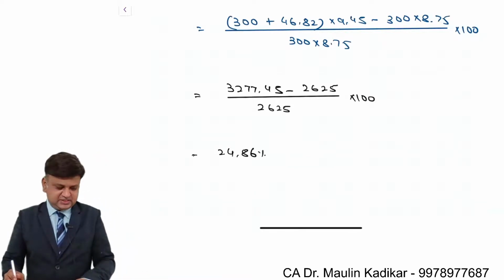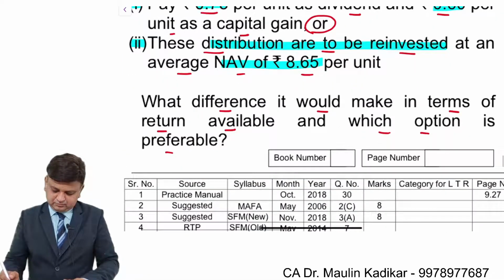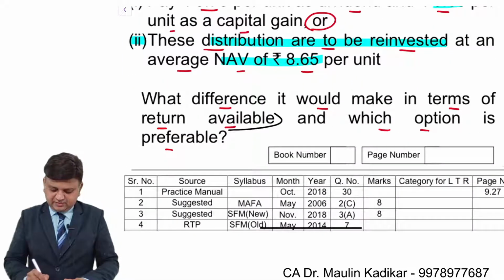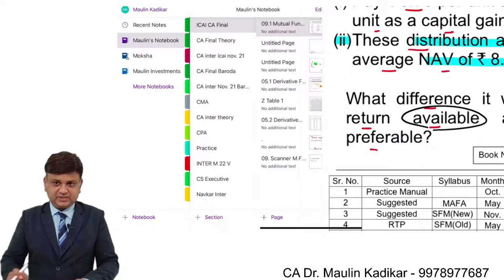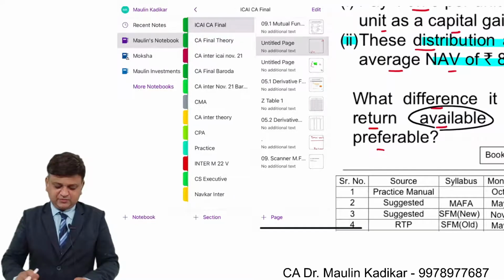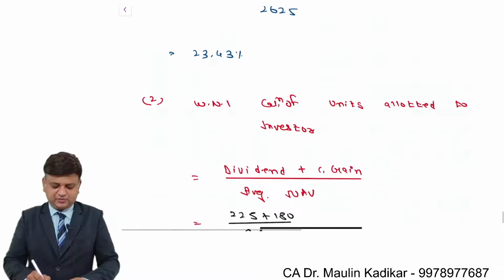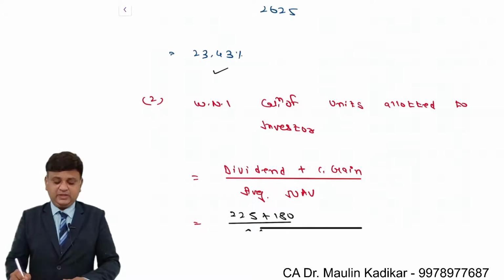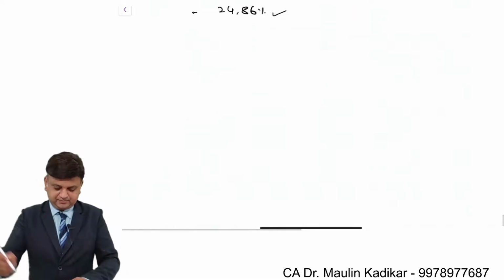Lastly, the question asks what difference it would make in terms of the return available and which option is preferable. Of course, the option which has the higher return is preferable. Over here 23.43 and over here 24.86.